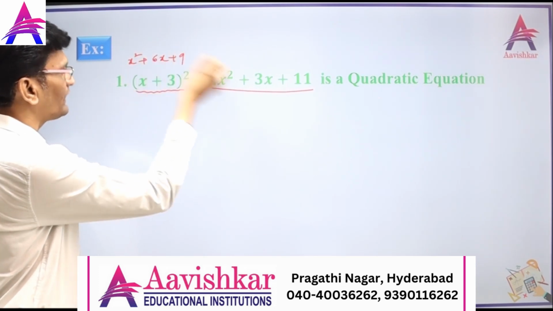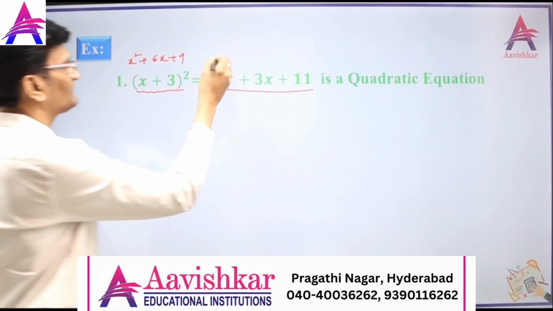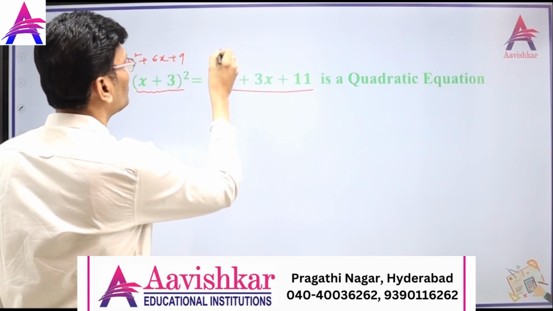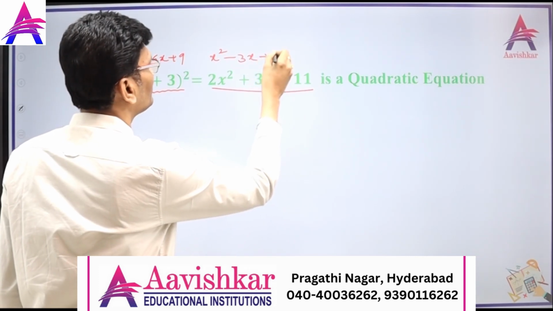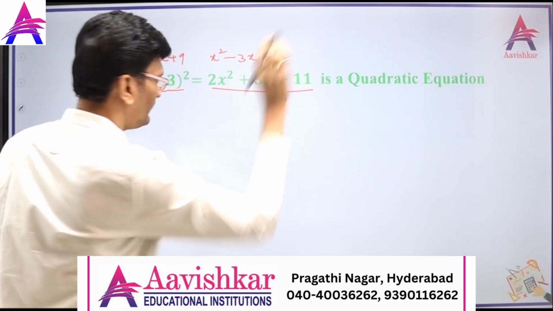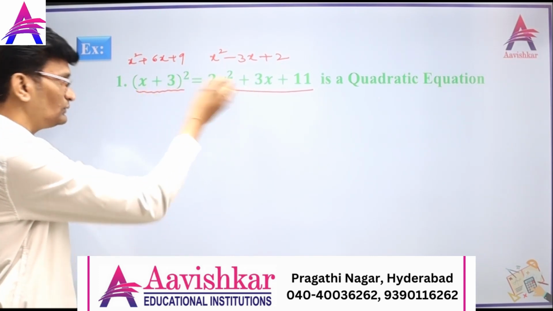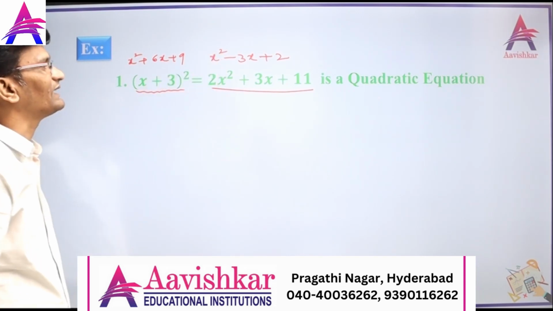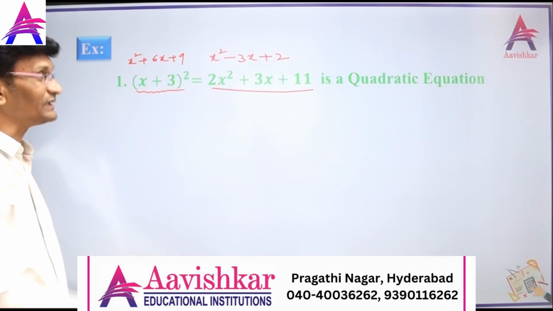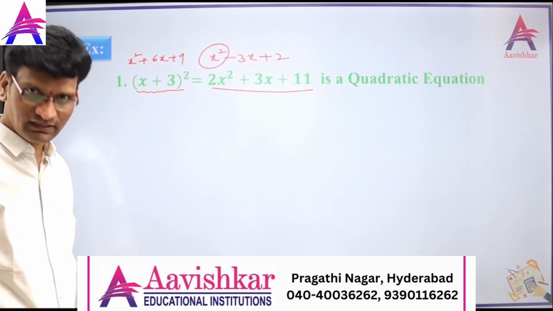Then finally 2x square minus x square, and 3x minus 6x, that is minus 3x, observe what we are getting here, and 11 minus 9, that is plus 2. So finally we are getting a quadratic equation. On both sides the two polynomials are there. On simplifying, at last we are getting a quadratic equation. In this, a is not equal to 0, it means the x square term is there.